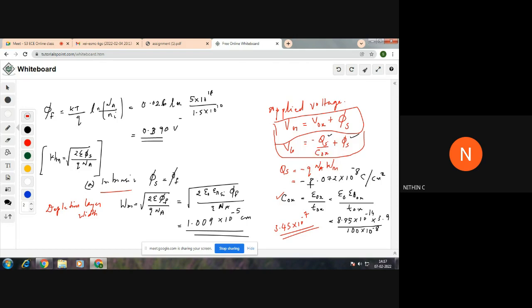Minus QS, so when this comes over here, the minus sign will go and it will become positive. So 8.072 into 10 raised to minus 8 divided by COX, which is 3.45 into 10 raised to minus 7, plus phi s value, 0.390. Do that and you will get the value of applied voltage.